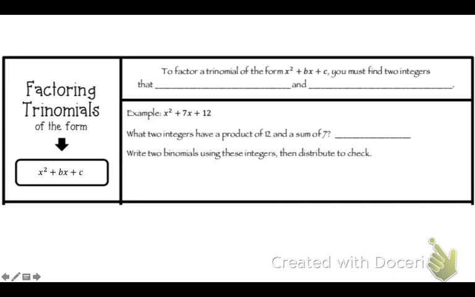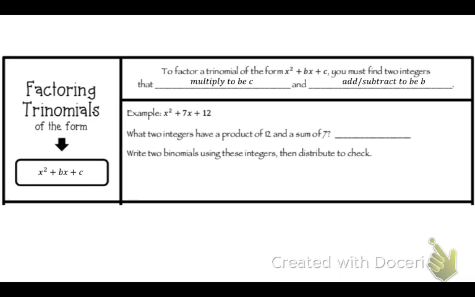Now, factoring trinomials. Trinomial, remember, that means there's 3 terms in the form of x squared plus bx plus c. To factor it, you must first find 2 integers that multiply to be c, so the constant, and add or subtract to be b. So we have to see what 2 integers in our example. We have x squared plus 7x plus 12.